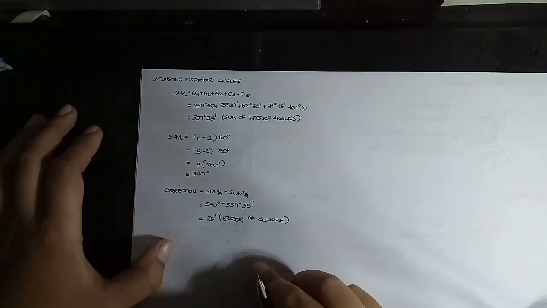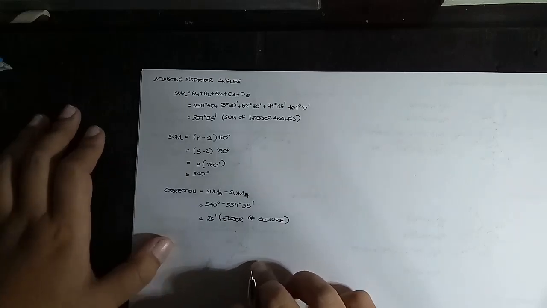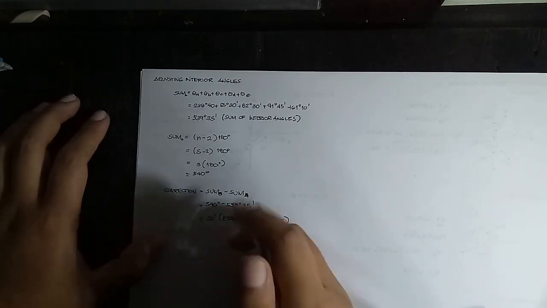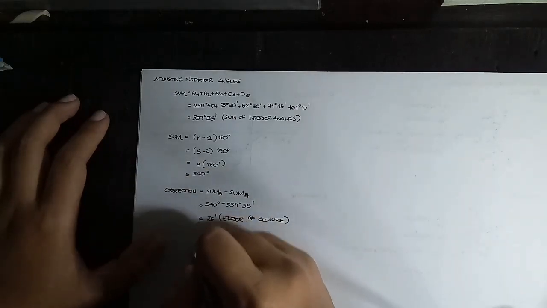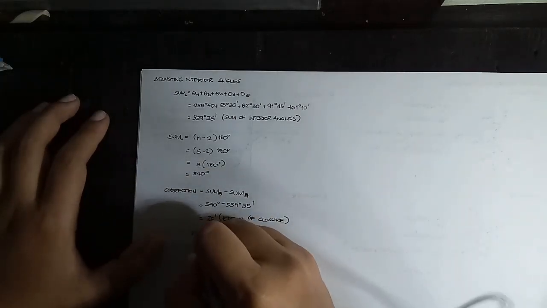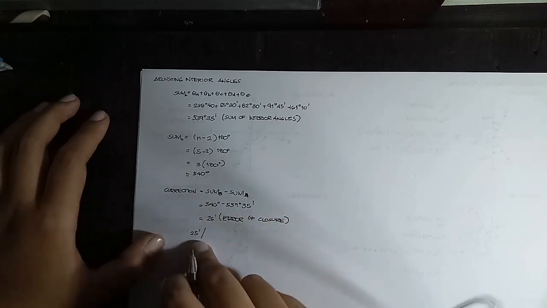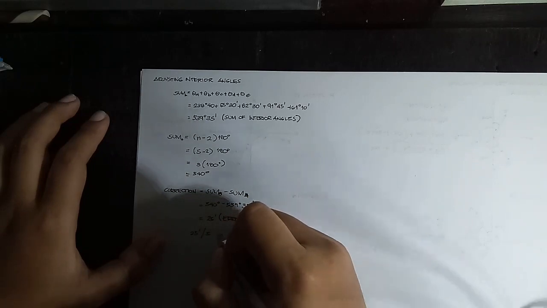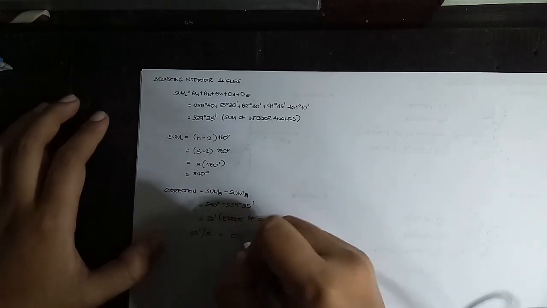Ngayon, para malaman naman natin yung correction per interior angle, i-divide natin yung correction or yung error, which is 25 minutes, doon sa number ng sides, which is 5. So, ang kalalabasan is 5 minutes.